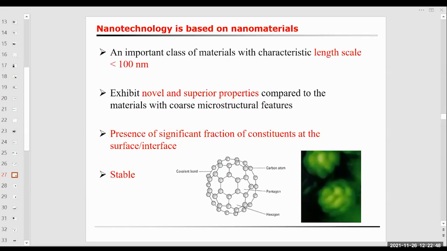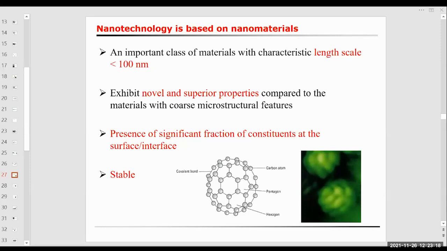Each crystallite has a specific order. Specific order means the arrangement of atoms in them is systematic, not randomly arranged. And all of these crystallites put together, we say as a particle. The particle is bigger in dimension. Then within the particle you have crystallites, if it is a crystalline particle.